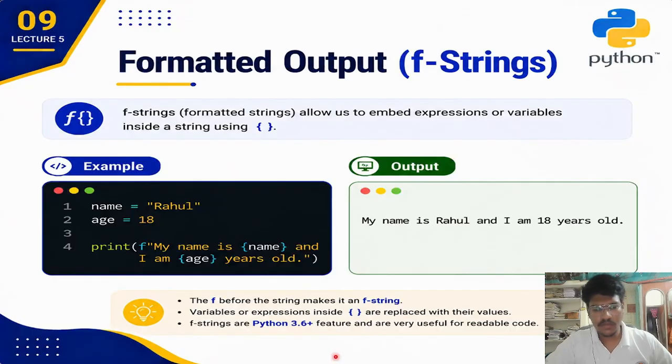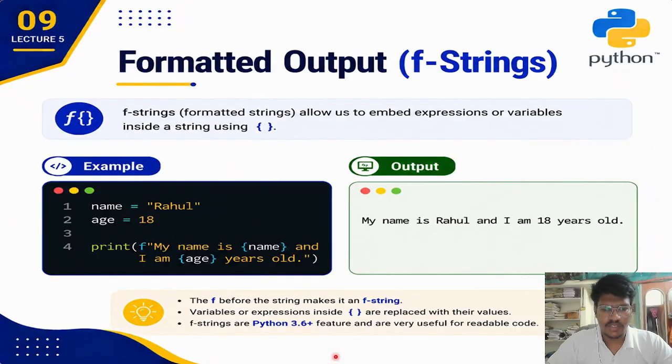Or the dot format method. This also we have studied. While they work, they are often hard to read. Enter f strings. The f stands for formatted. They were introduced in Python 3.6 and they are fantastic.